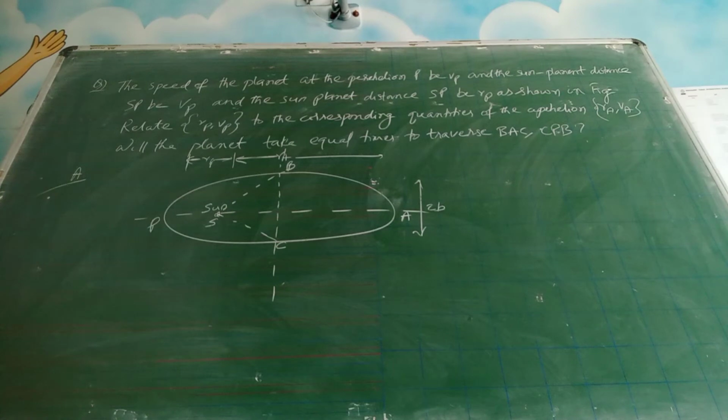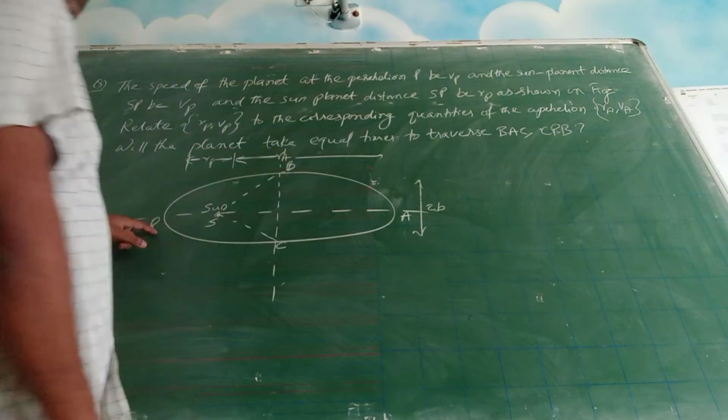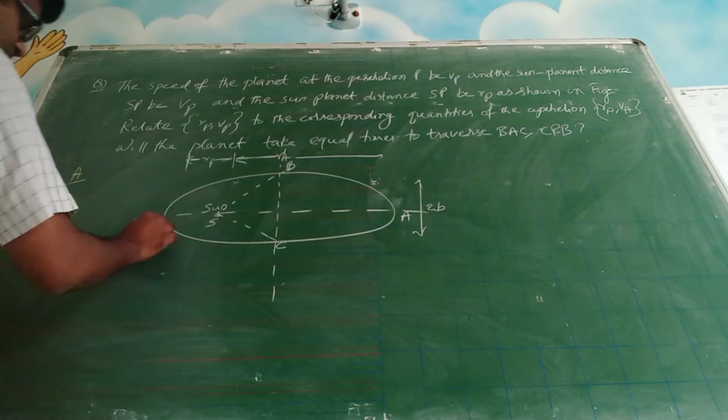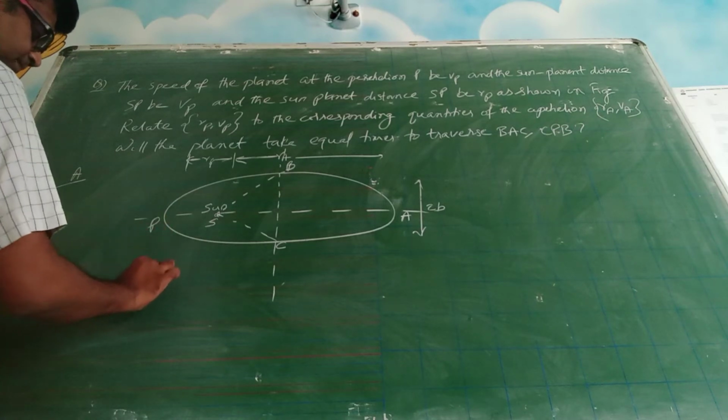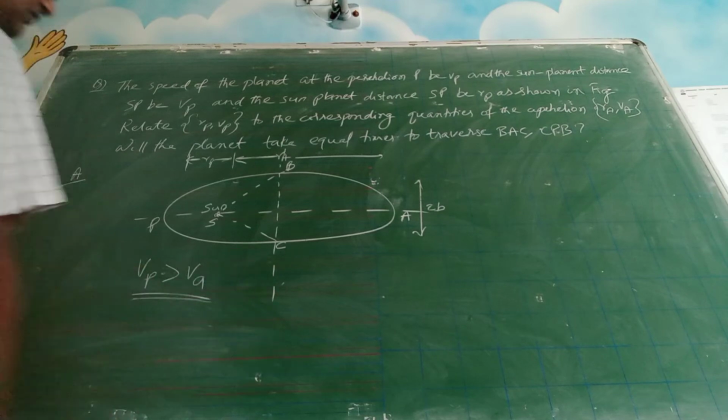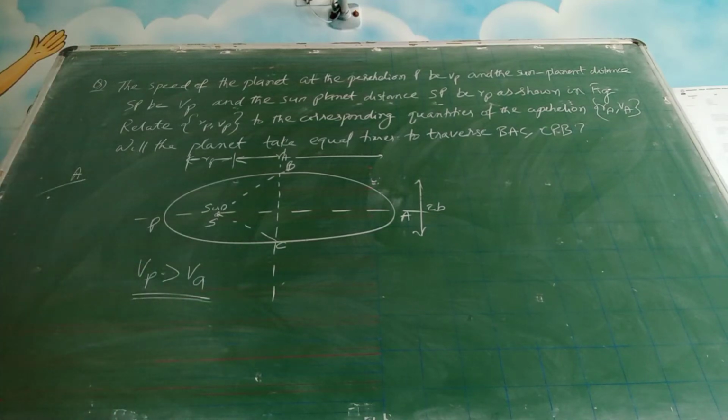See, basically whatever is asked in this question we have already proved that when a planet is rotating around the Sun, the angular momentum is constant, and we have come to a conclusion that the speed at perihelion will be more than the speed at the aphelion. Okay, that we have come from the angular momentum concept.